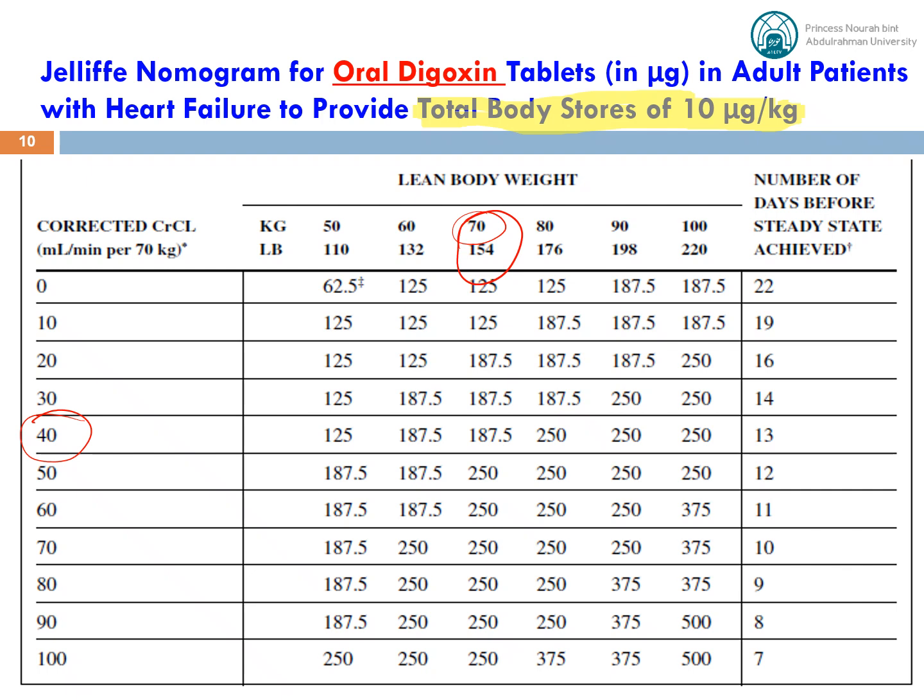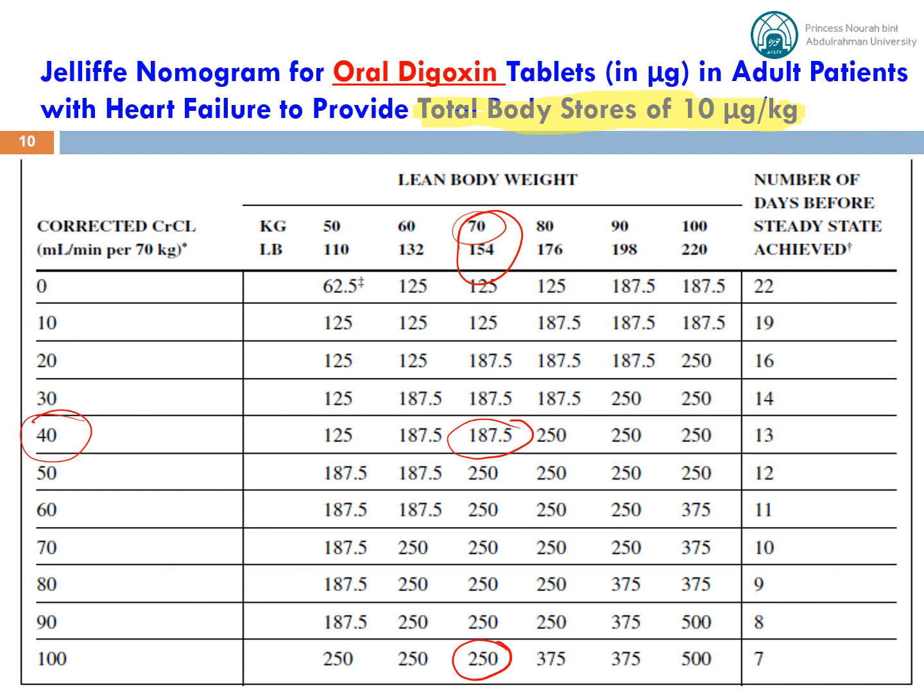Now look at the 70 kilogram patient here. For the 70 kilogram, for the 40 milliliter per minute creatinine clearance, and patient with 70 body weight, which is similar to 145 pound. Look at the dose.